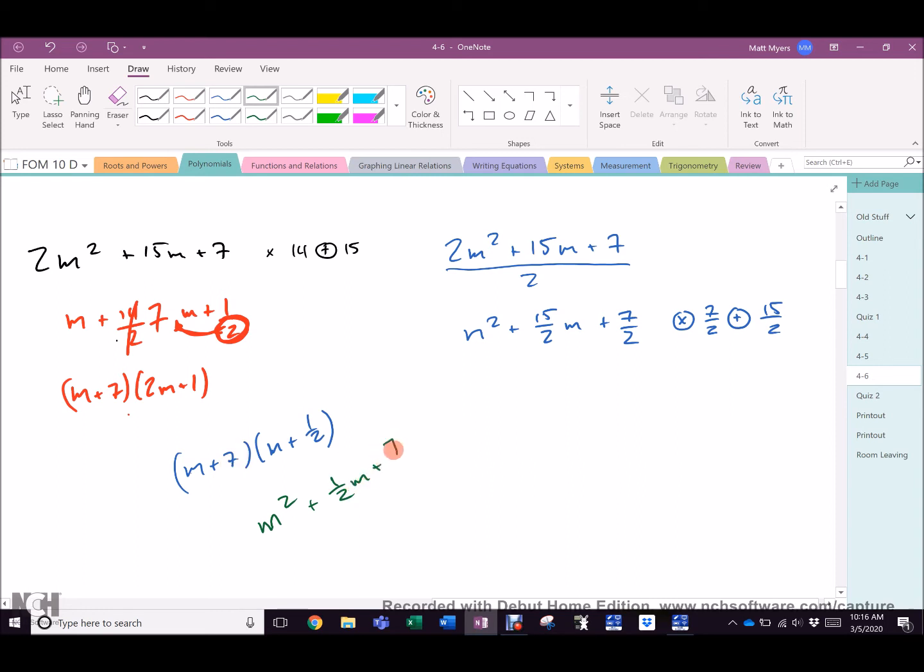Plus 7 m's, right? Now, isn't 7 m's 14 over 2 m's? It is, isn't it? And what's 7 times a half? 7 over 2, right? What's 1 half plus 14 halves?